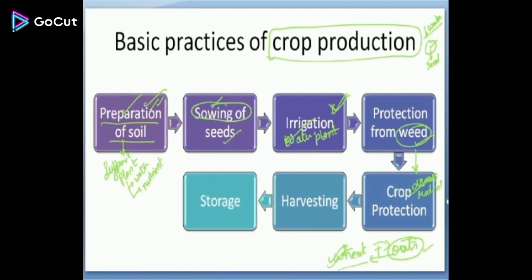Suppose we want 1 quintal or 1 ton of wheat. Will we get 1 ton of wheat if the plants are destroyed by these rodents? No. That means we need to protect the crop from these animals as well as from different kinds of diseases caused by different kinds of microorganisms.